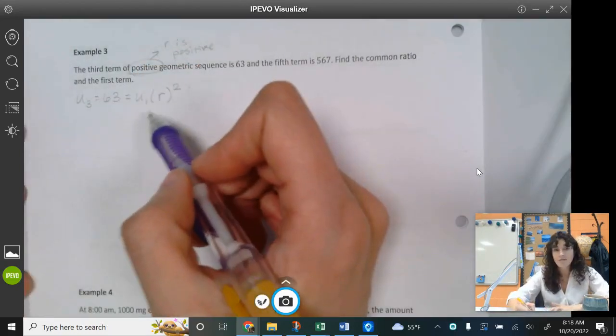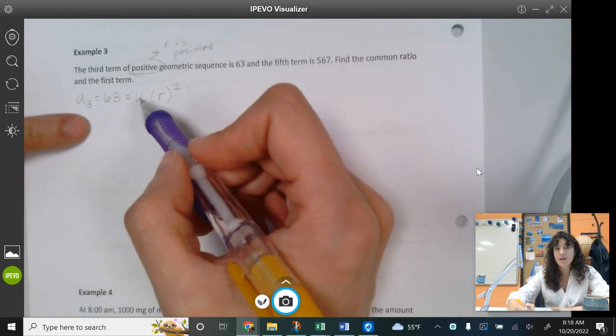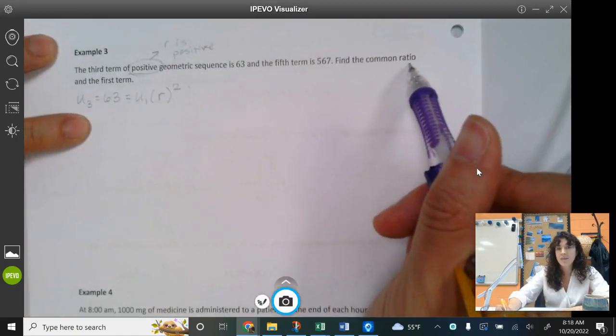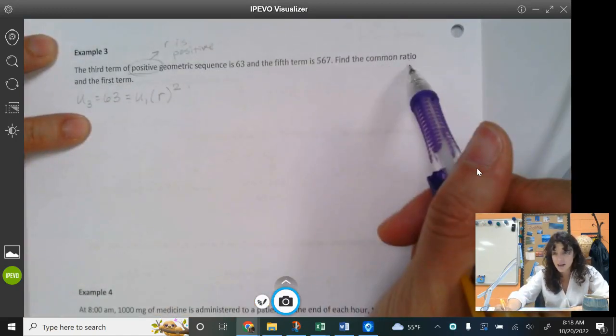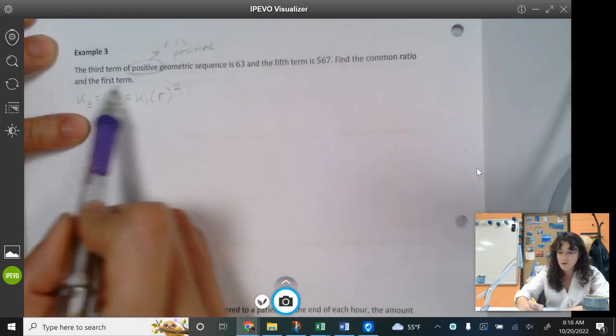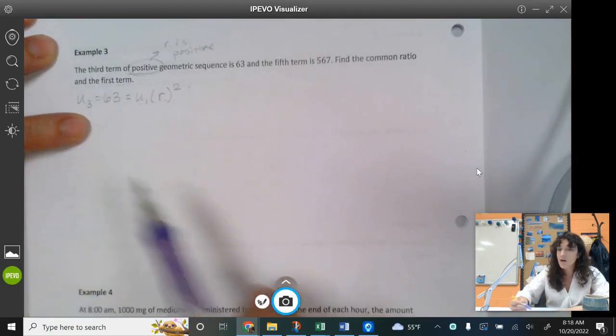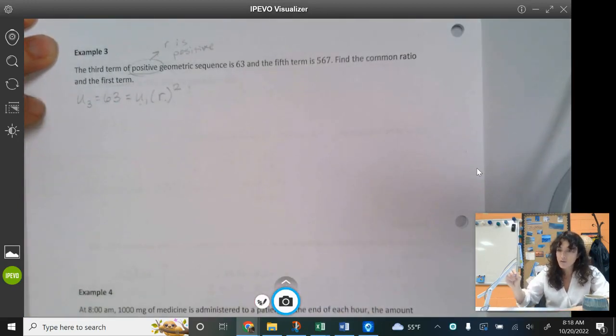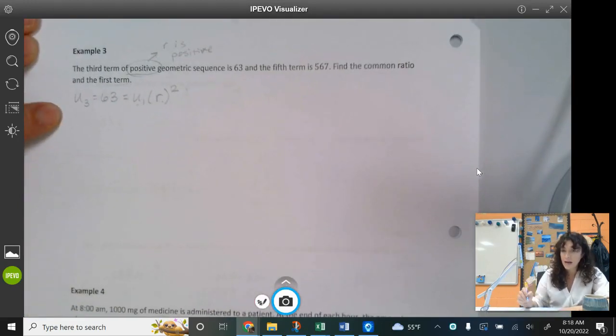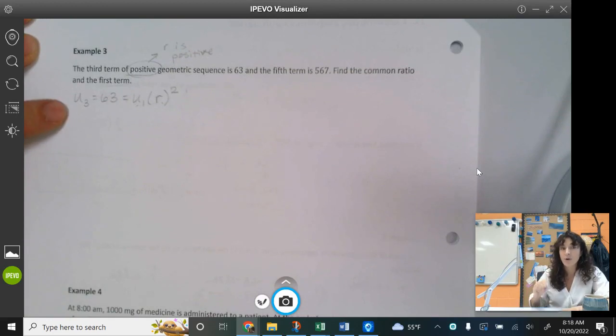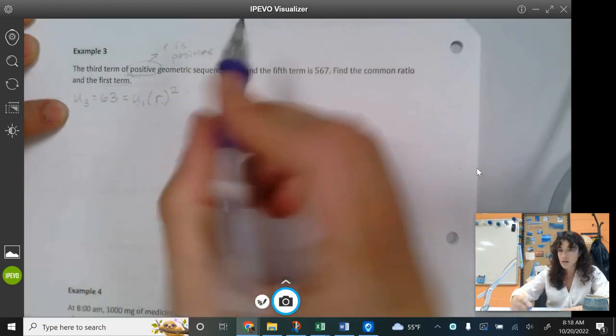So by automatically writing that out, I've automatically established a relationship. Hey, my common ratio, which we haven't even got to that part in the sentence yet, and my first term are represented in a formula which has some values in there already. So writing out a formula with numerical values that you have is a very important part of the plan step to help you visually make connections with what you need to do.